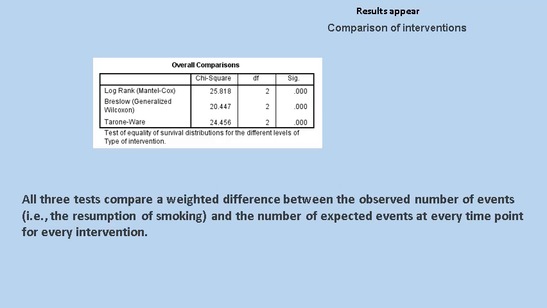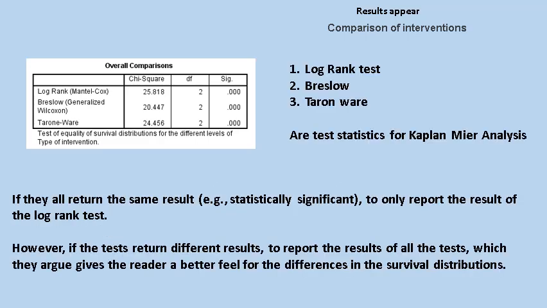So, the log-rank test shows significant difference, Breslow shows significant difference, and the Tarone-Ware test also shows significant difference. That means there is a significant difference in survival distribution of the 3 different interventions.